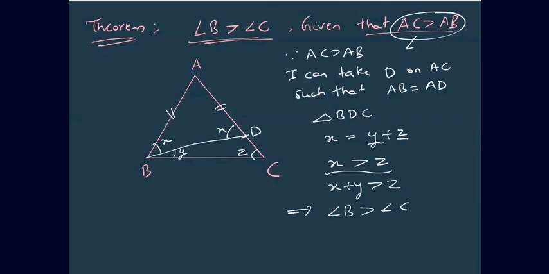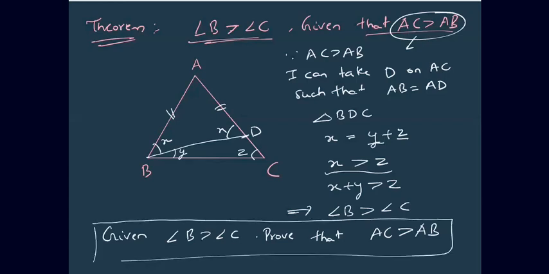Similarly, you can also prove its converse, that is, the side which is opposite to the larger angle is large. You can try this at home. It is given that angle B is greater than angle C, then you need to prove that AC, which is opposite to angle B, is greater than AB, which is opposite to angle C. The converse of the statement I leave to you as an exercise.